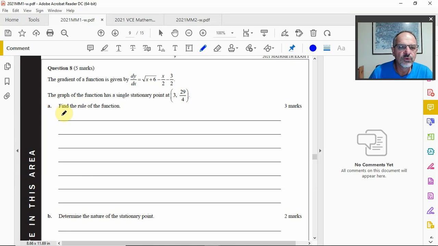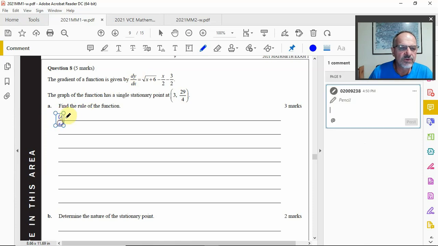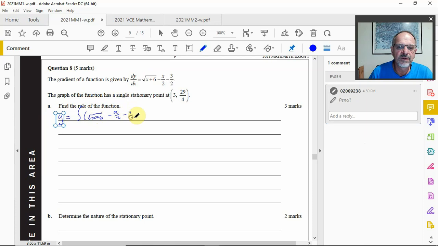So to find the rule, and the rule in this case, it's dy/dx, so it's going to be y equals something. And to find what it is, we need to anti-differentiate root(x + 6) minus x/2 minus 3/2 with respect to x.